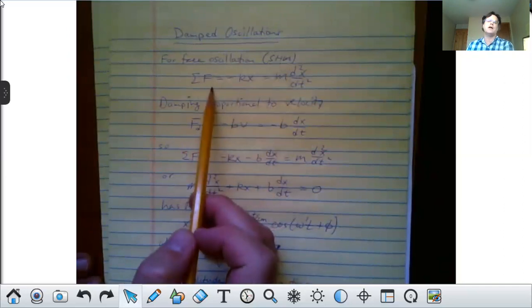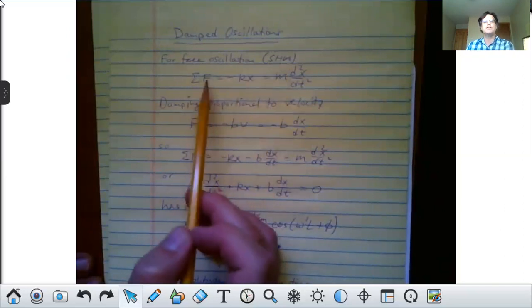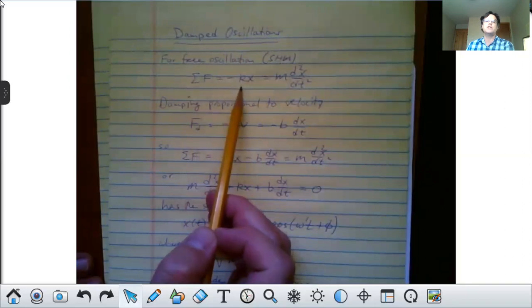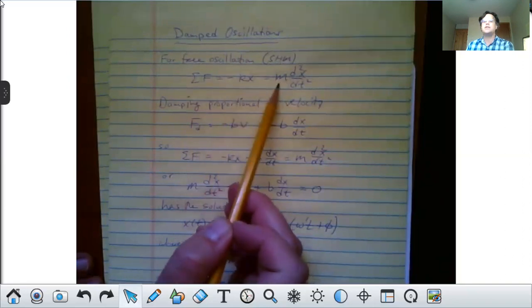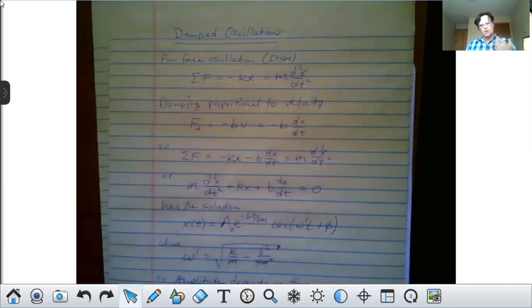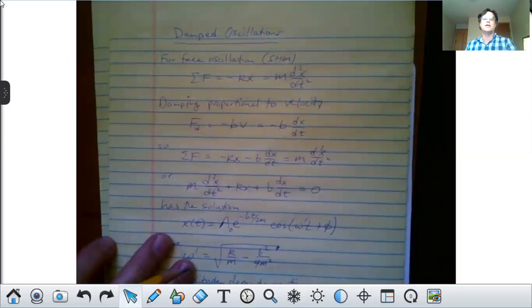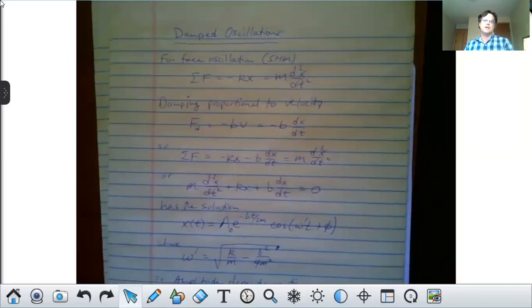And Newton's second law tells us the sum of the forces, the only force being Hooke's law, negative kx, is equal to mass times acceleration. And that was where we found x of t equals A, an amplitude, times cosine of omega t plus phi. And omega is the angular frequency, the natural frequency that the spring would oscillate at.